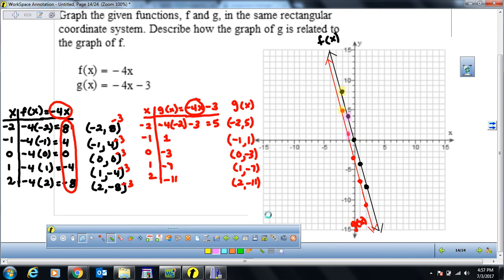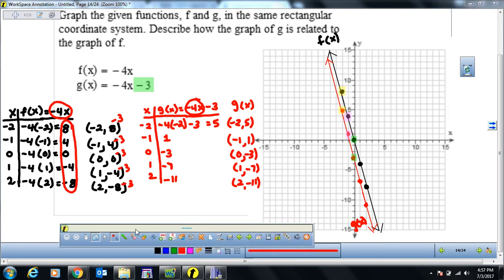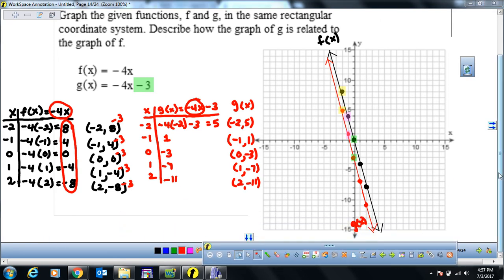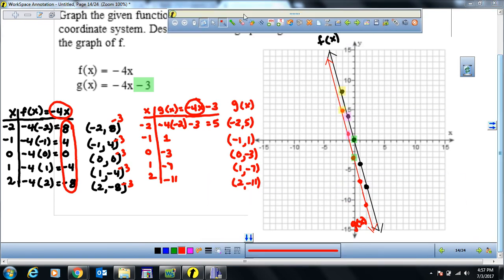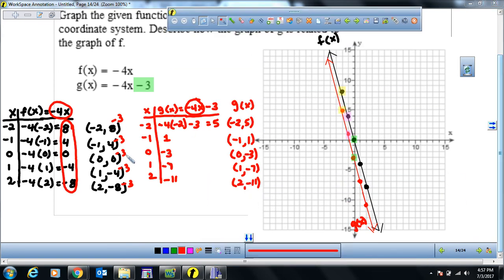So if we continue, we can identify that each one of these points was shifted 3 units lower. That tells us this constant that we have on the side, that minus 3, is going to cause the graph to shift up or down depending on the sign. And it is always going to happen with any graph, and it will always affect the y values.